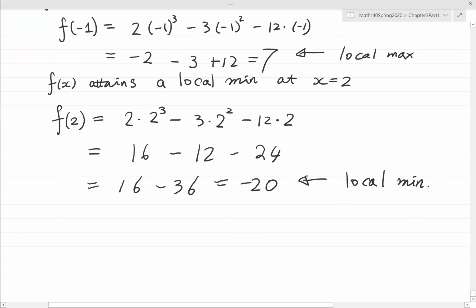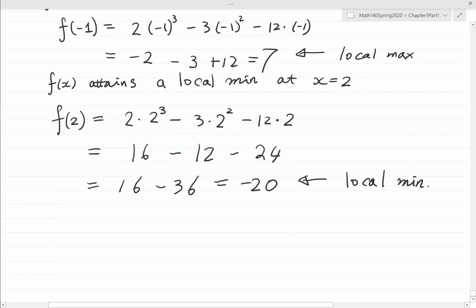Okay. Then we are done with local max and local min. Now the next step, you may ask, we know what property the first derivative can tell. Now the next question is, what property does the second derivative tell us about f?